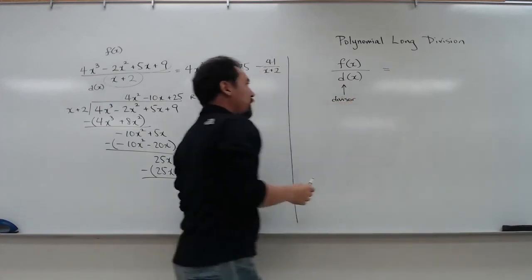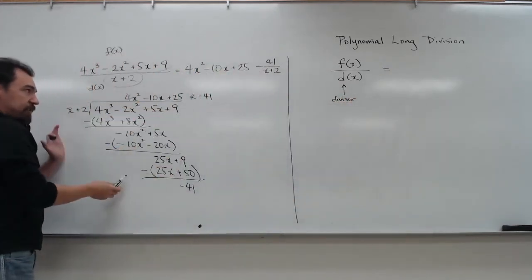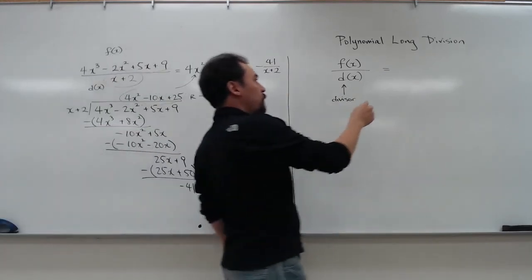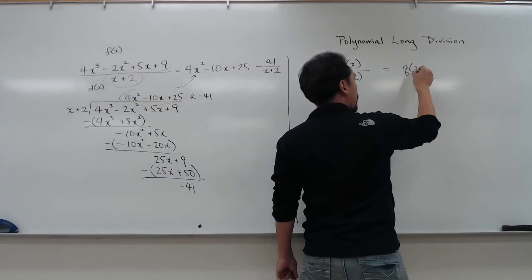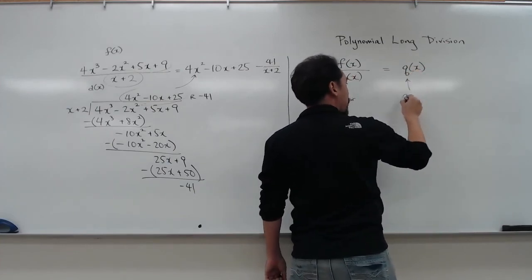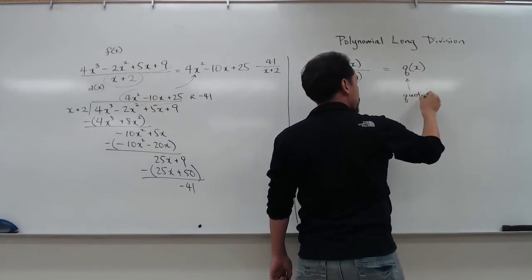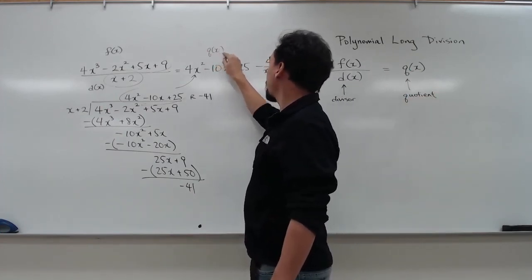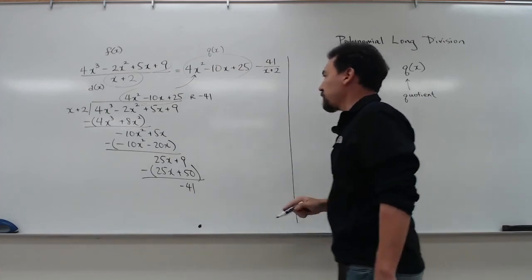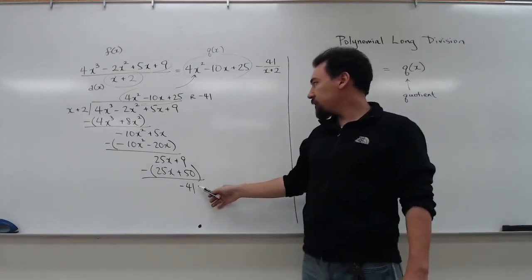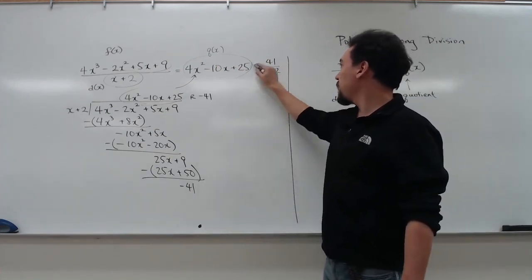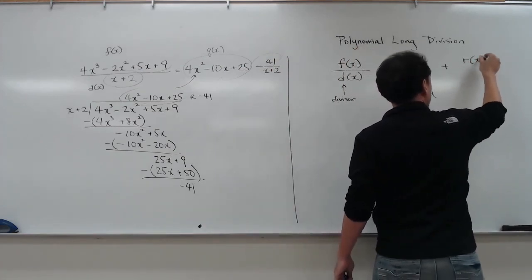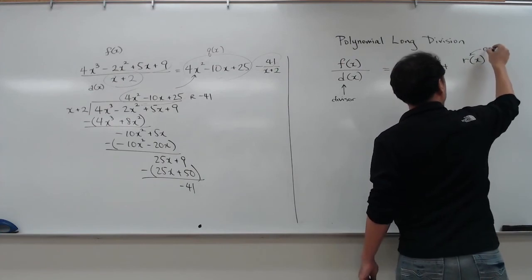Then we performed this process and we got a quotient which went up here. We're going to refer to this as q of x. It is, once again, a polynomial. So back here, this is q of x, referring to this structure right there. And then we also got a remainder, which we labeled up here, a remainder, which is also a polynomial.